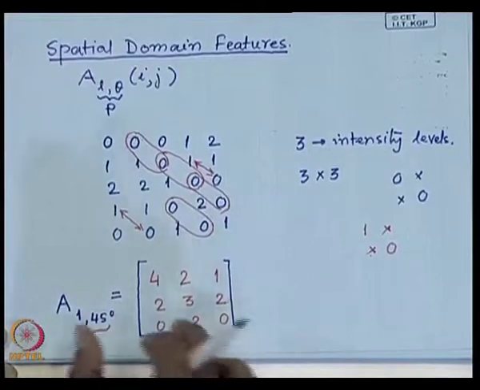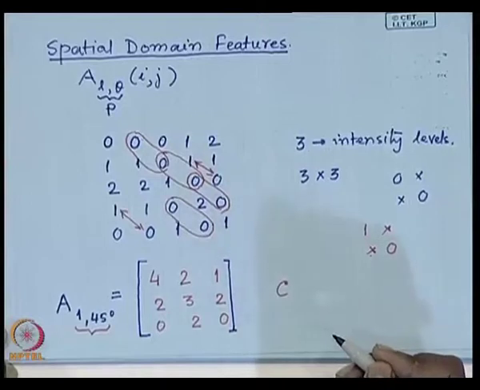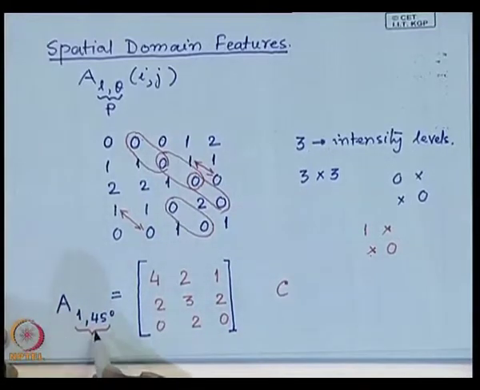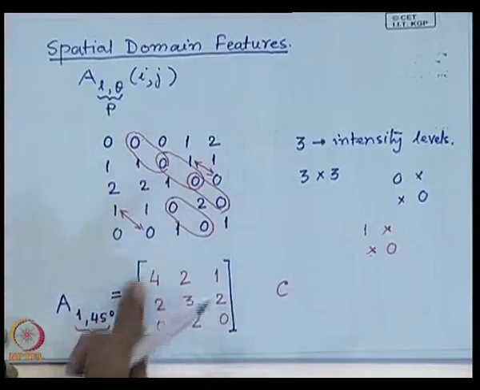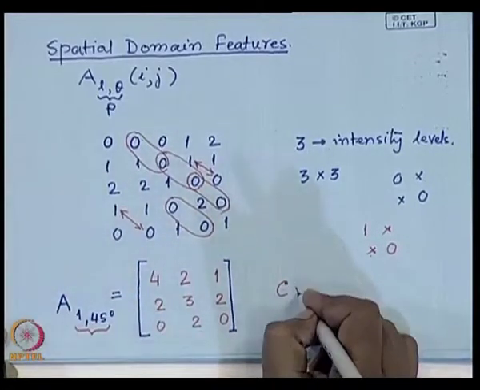Okay. Now, from this matrix I compute the co-occurrence matrix C, which is nothing but normalization of this matrix A L theta with respect to the total number of occurrences. If I take the sum of all these elements in the matrix, that gives me the total number of occurrences of the intensity pairs. So, I divide A by the sum of the elements in this matrix A, and I get this co-occurrence matrix C.